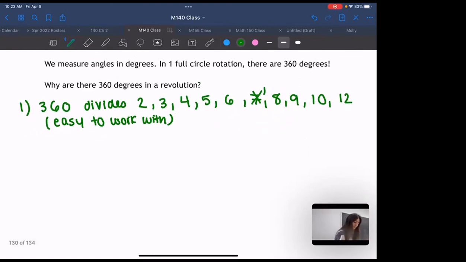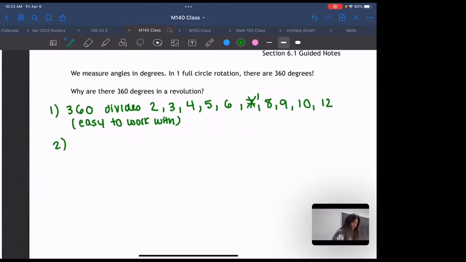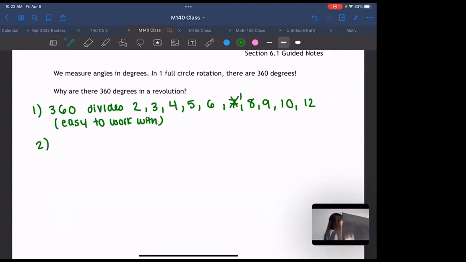Okay. Here's the second reason why 360 is such a good number to work with and why we use 360 degrees in a circle. And the reason for this is sailors. Okay, that kind of sounds a little weird, right? What do sailors have to do with circles and 360 degrees?